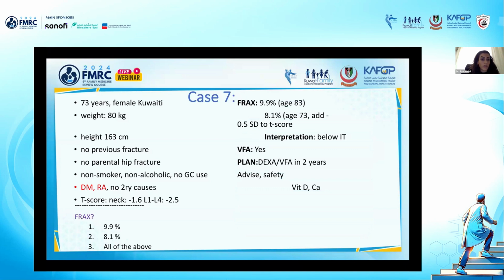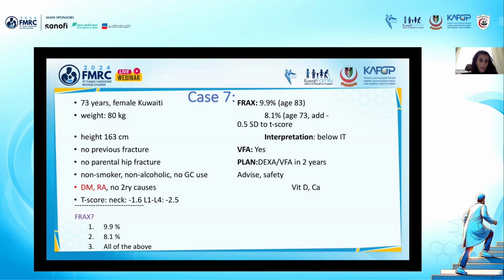If you add 10 years to the age and you tick yes to rheumatoid arthritis, you will get a score of 9.9. This 9.9 you will plot on the chart as when the patient is 83 years old. You will not plot it as if the patient is 73 years old anymore. Okay? This is one way.